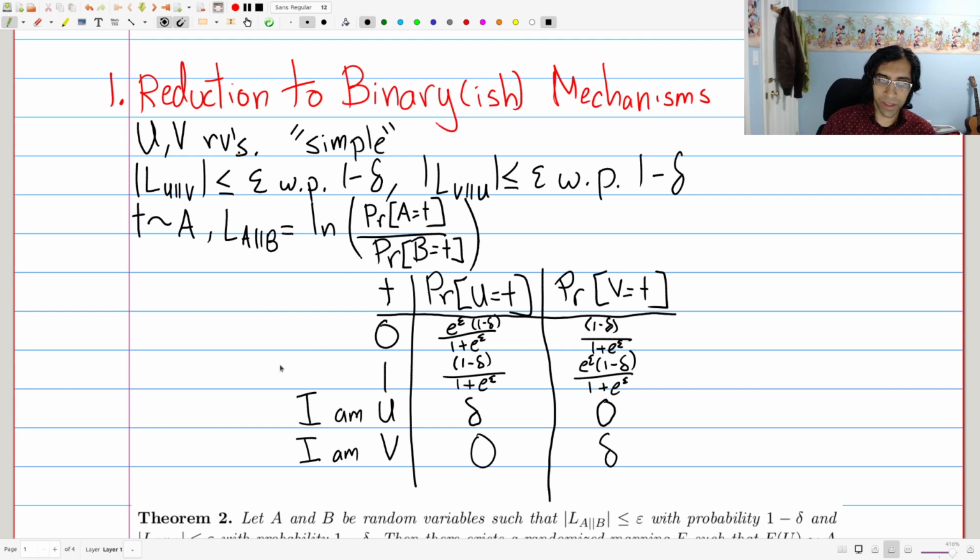Okay, so this is the random variable that we're going to be considering. And the claim is that this pair of random variables is expressive enough to express any random variables with this type of bounded privacy loss.